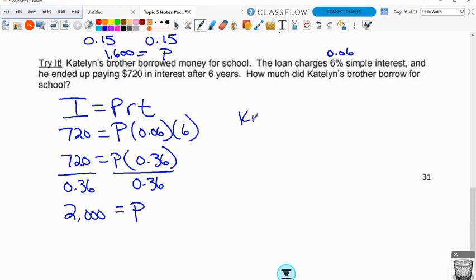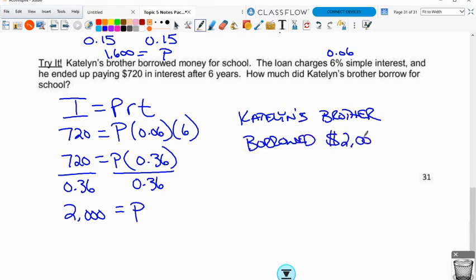This means that Caitlin's brother borrowed $2,000 for school. Okay, so make sure that you read the questions carefully, substitute the values into your simple interest equation, and then use your algebra skills to figure out the value of the variable that you are looking for.